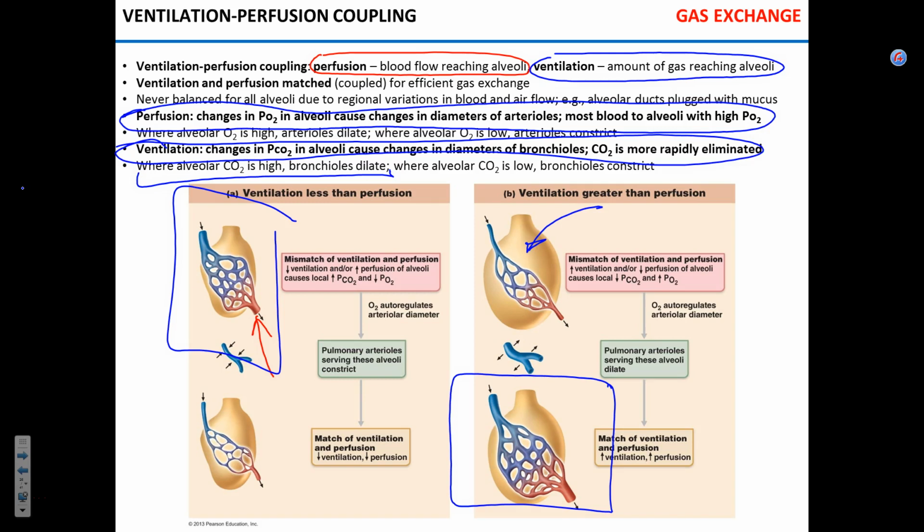Let's talk this over one more time. You have an alveolus, and the concentration of oxygen in that alveolus for some reason goes up. How does it change perfusion? Oxygen concentration in the alveolus goes up, increases. How does it change it? It will increase perfusion.